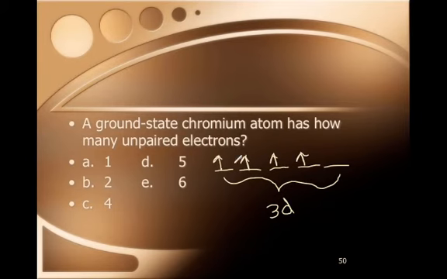So there are 4 unpaired. Where's chromium? It's 24. Oh, there it is. Because of Aufbau's principle, you have to fill everything up until the highest energy level, so all you have to do is check the highest energy level there.